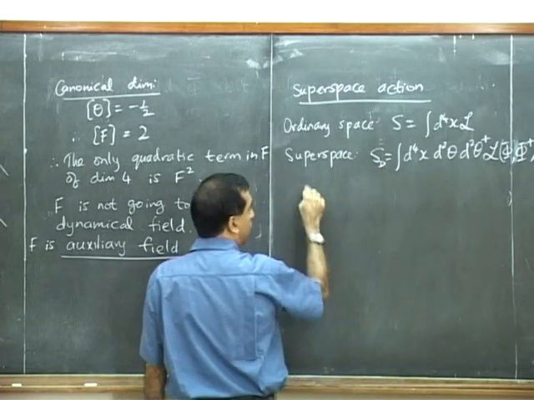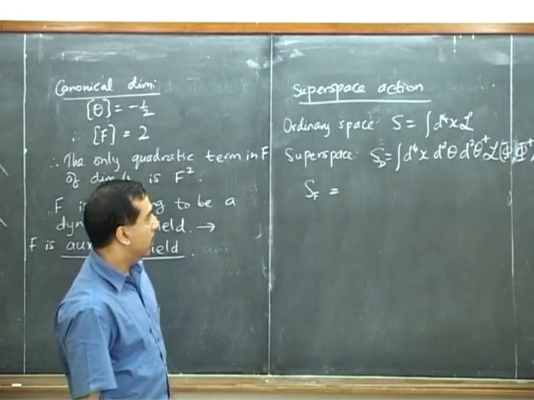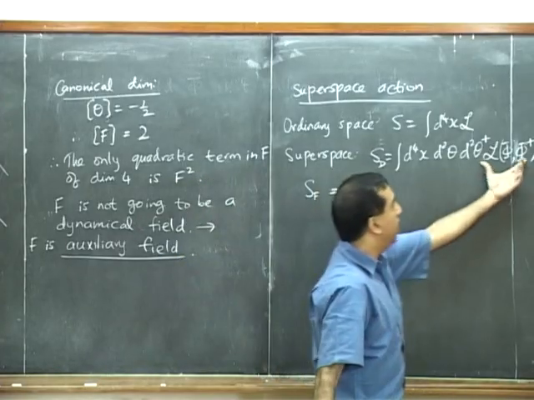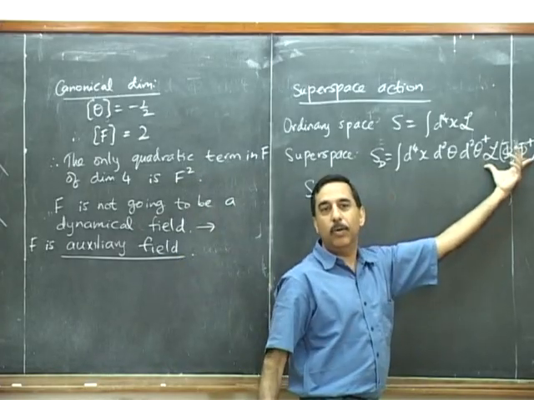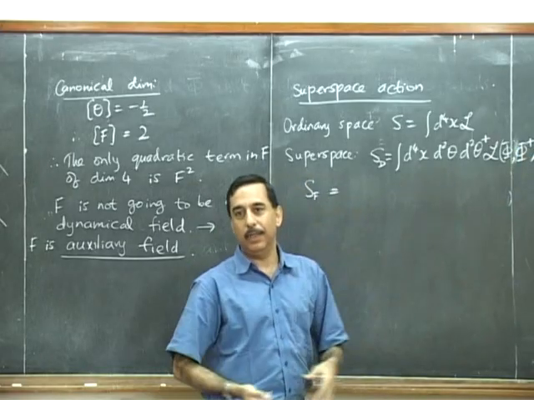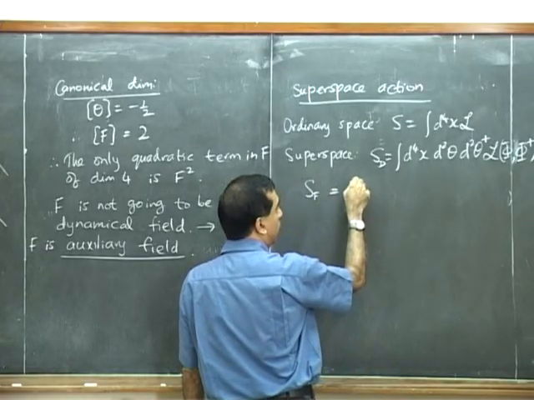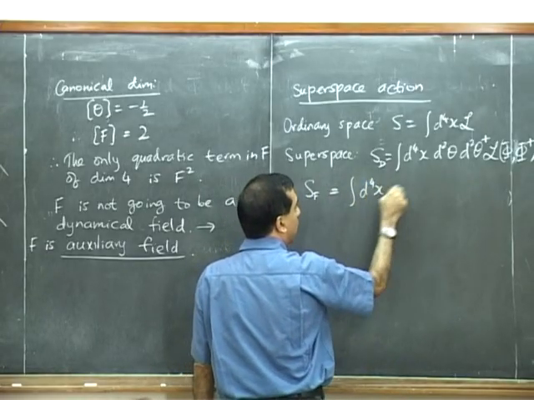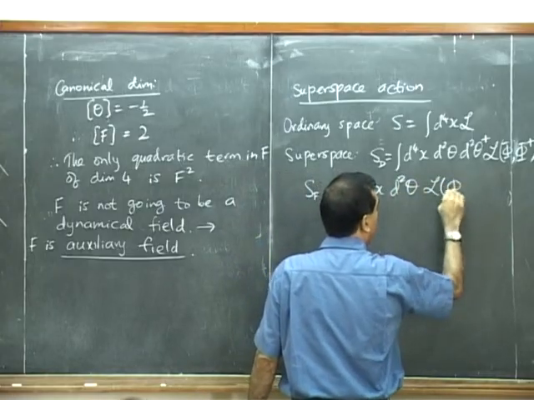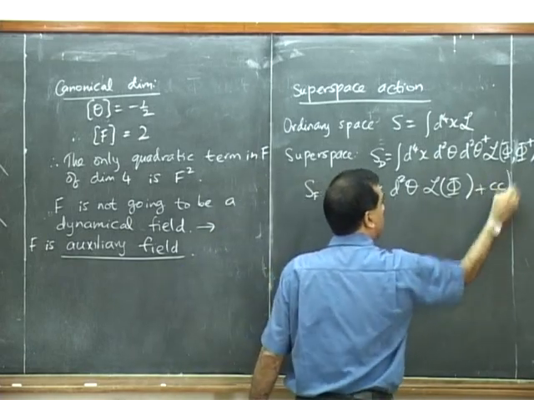This I'll write with a subscript d for d term, which is a conventional term for such an action. Here L means some term in the Lagrangian. It need not be the whole Lagrangian because I get the action by integrating each term in the Lagrangian, term by term. The f term contribution would be the integral d^4x d^2theta of L of only phi, plus complex conjugate.